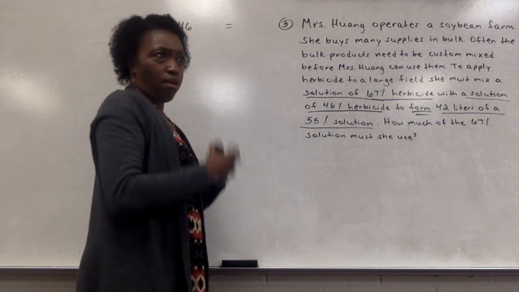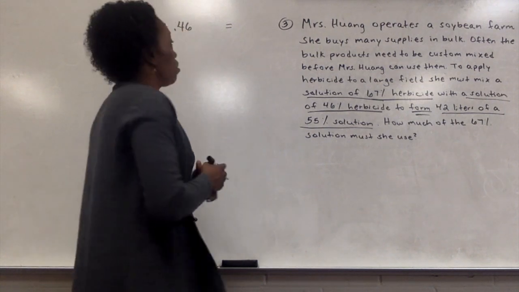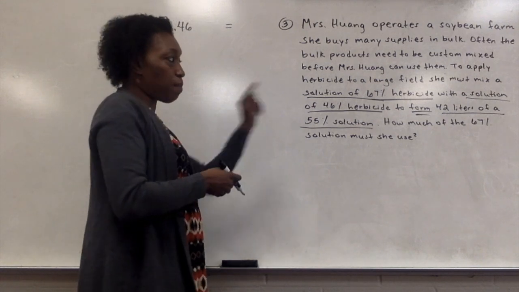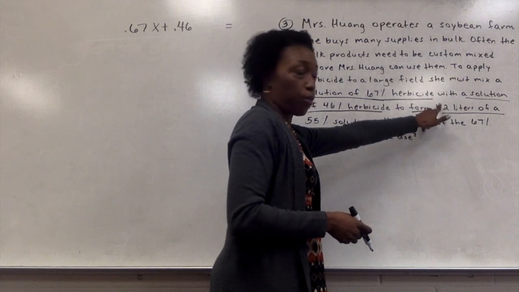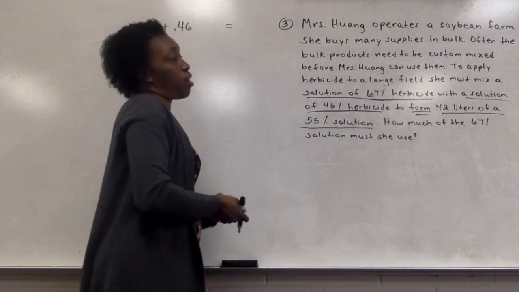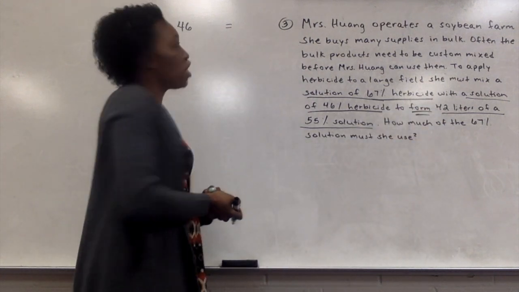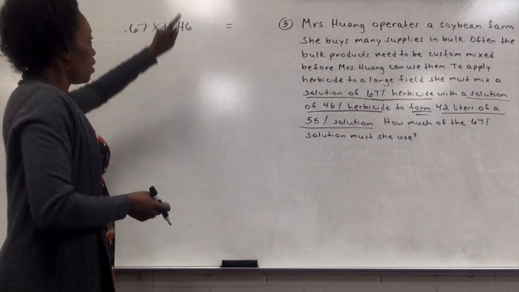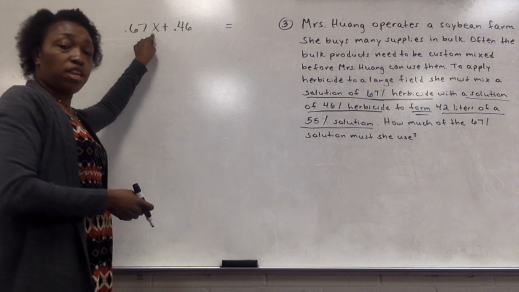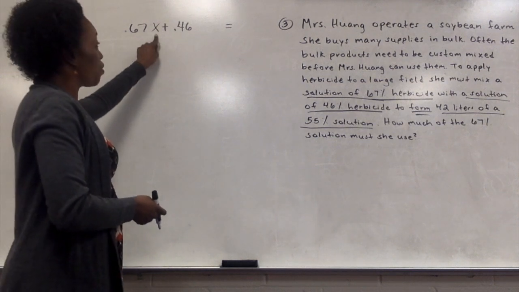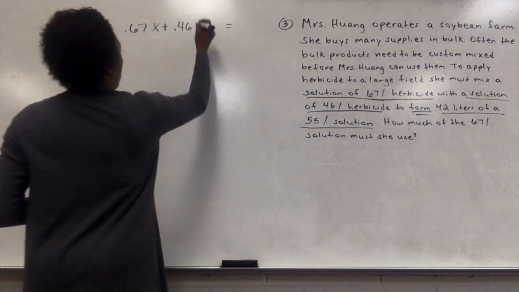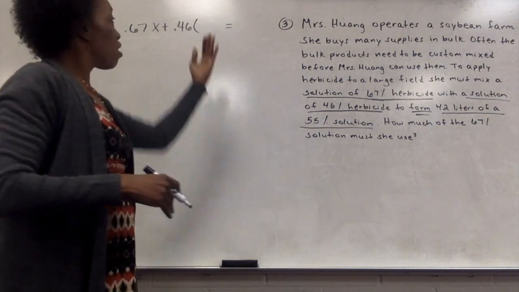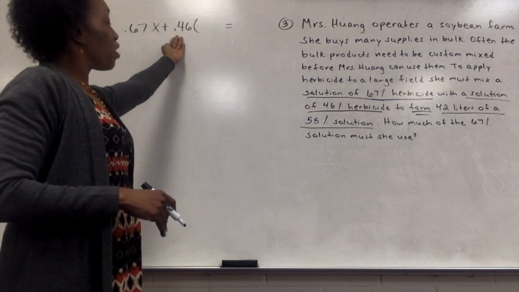So now I know in total I'm going to have 42 liters. So that's kind of my little helper here. It's going to tell me that's the total I'm trying to get, 42. So what that means over here is if I have x amount of liters over here for my 67%, then I know over here the remaining part will be what goes with my 46%.